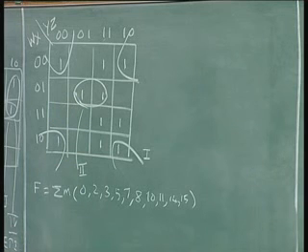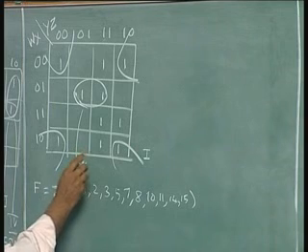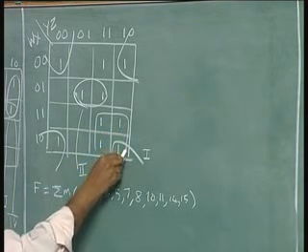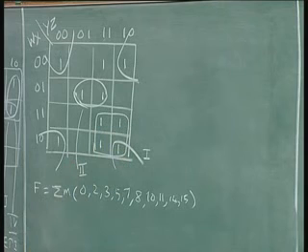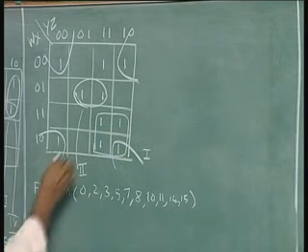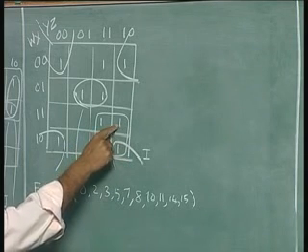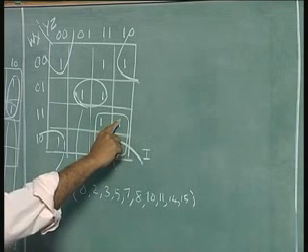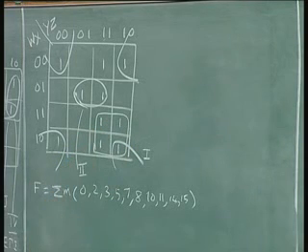Now I have 2 options. I can combine these 4 into an essential prime implicant. In fact, I should combine this way because this one would be left out otherwise. Of course, I can always combine these 2. Combining these 2 is not a solution because a prime implicant is one which absorbs smaller implicants.